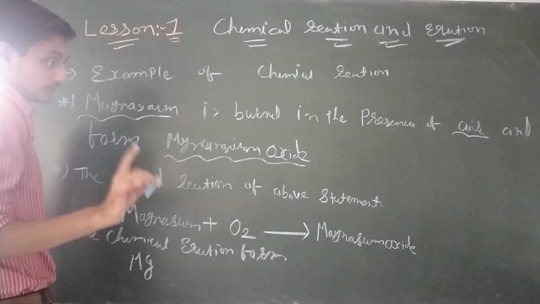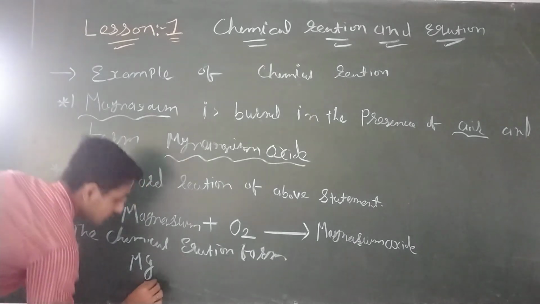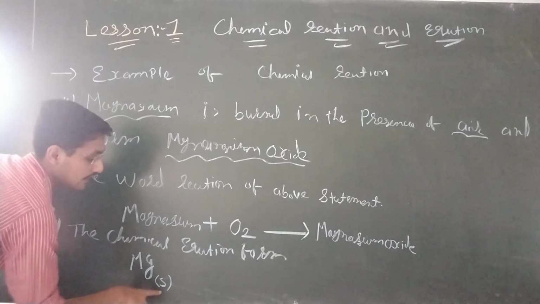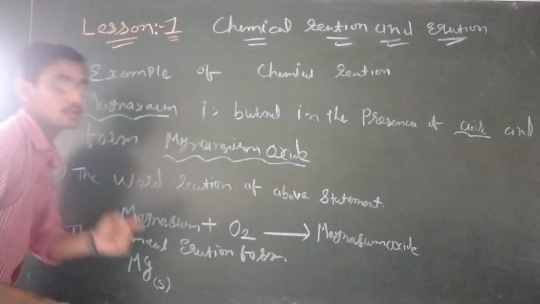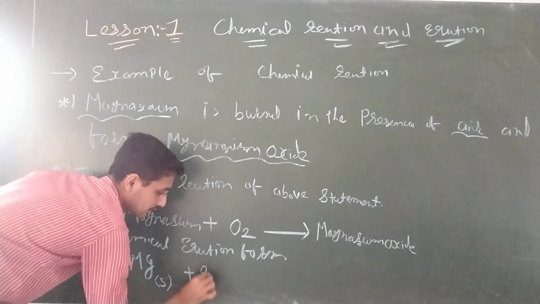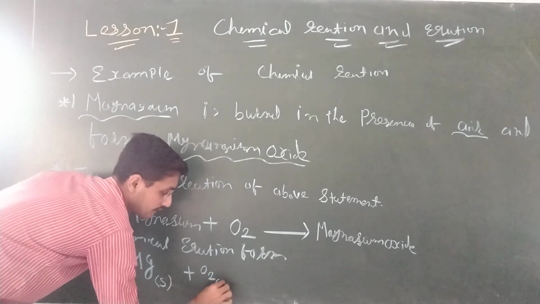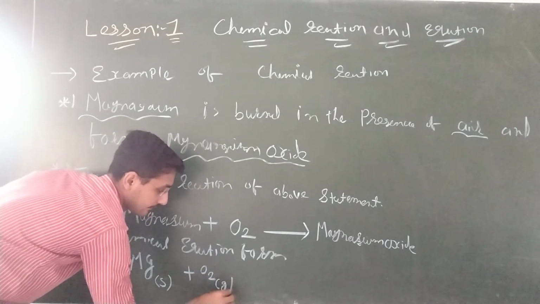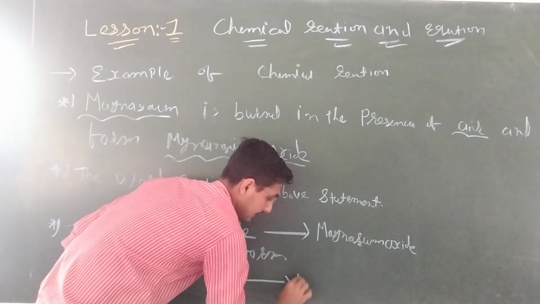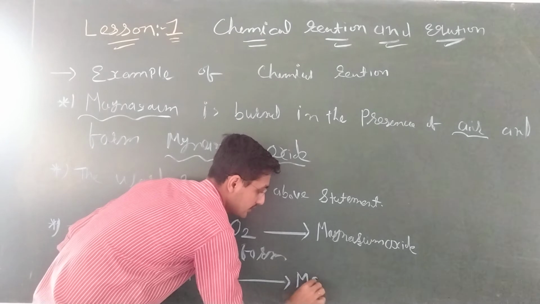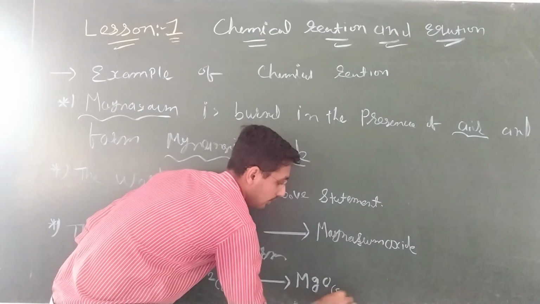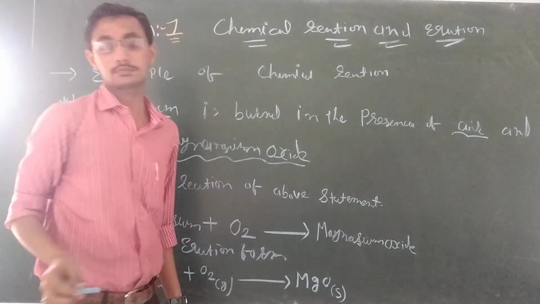It is in solid state, so we write S here. S denotes that it is in solid form. Oxygen is in the form of gas. It gives magnesium oxide, that is MgO, and it is in the form of solid.